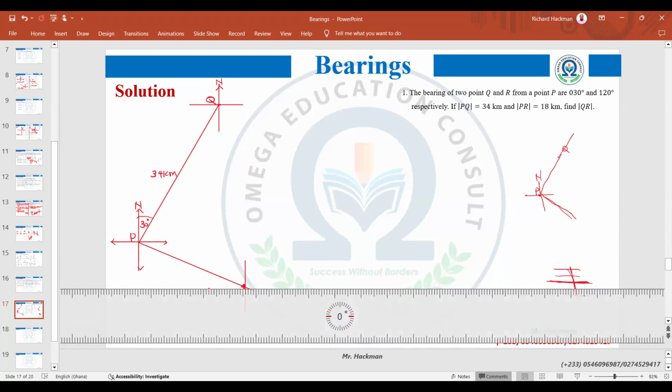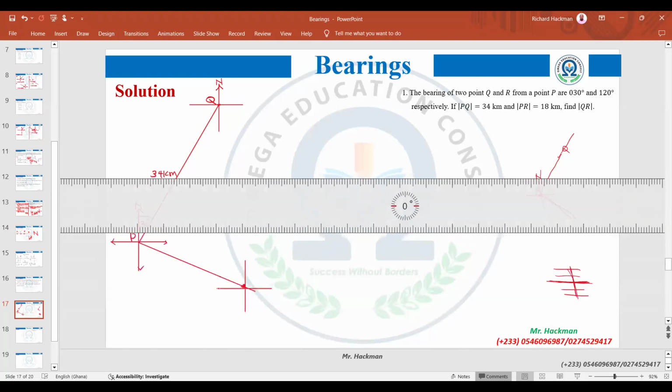Okay, so now I can draw this line as well. So at this point, I have my third point, and the third point is what? R. So remember, don't forget to indicate your true north. And any angle that you consider, you consider the angle 30.